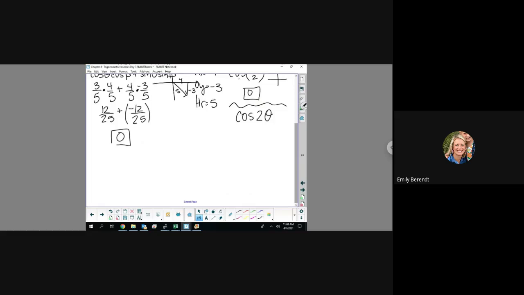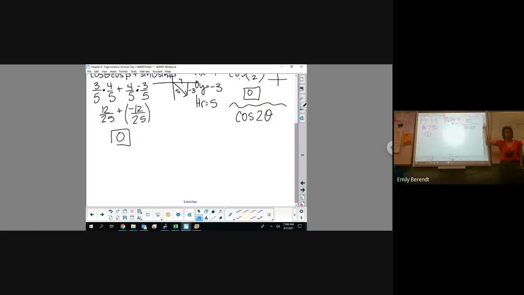It had cosine squared minus sine squared, it had 2 cosine squared minus 1, and 1 minus 2 sine squared. One of them had the built-in common denominator. That was the cosine squared theta minus sine squared theta, right?